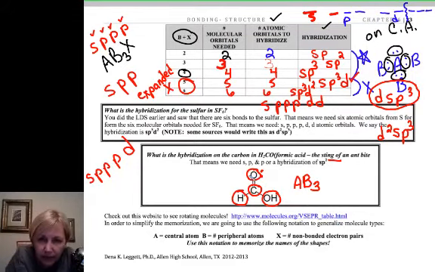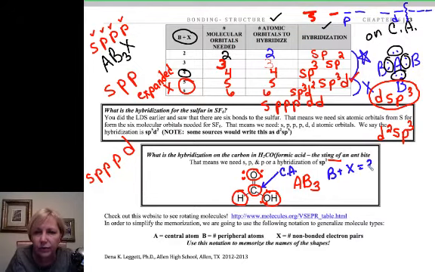There are non-bonded pairs on the oxygen atoms, but not on the central atom. So often in long molecules, you zero in on one atom and define it as the central atom. Okay, B plus X is equal to 3.